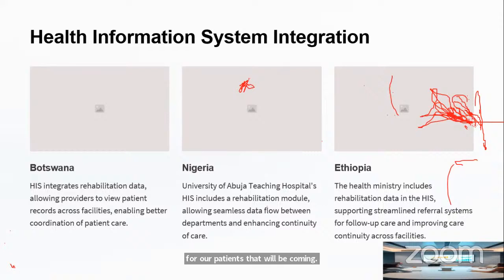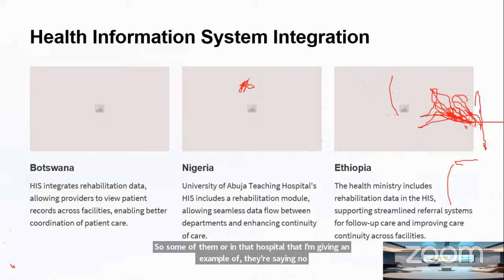The biodata for the patients that we require may differ a little from somebody who is just coming to see a medical doctor. In that hospital I'm giving as an example, they are saying no, we cannot even have a physiotherapy folder.